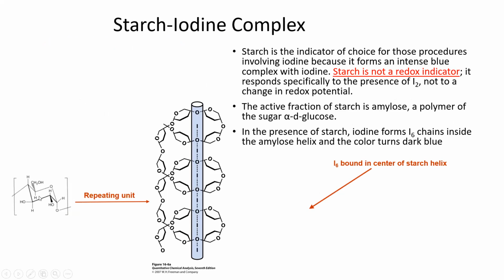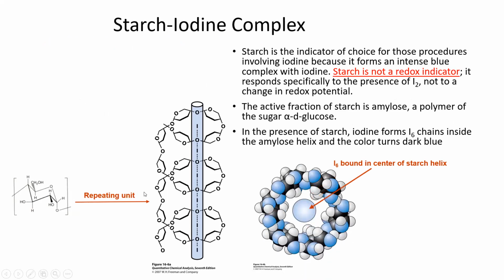So starch, you see, is your cellulose. When it reacts with your iodine, it forms a complex. So as you can see, starch is not an indicator, but it reacts to the presence of iodine. Once you have iodine that is not reacted, it will complex with starch, and you now see your iodine bound at the center of the starch helix.